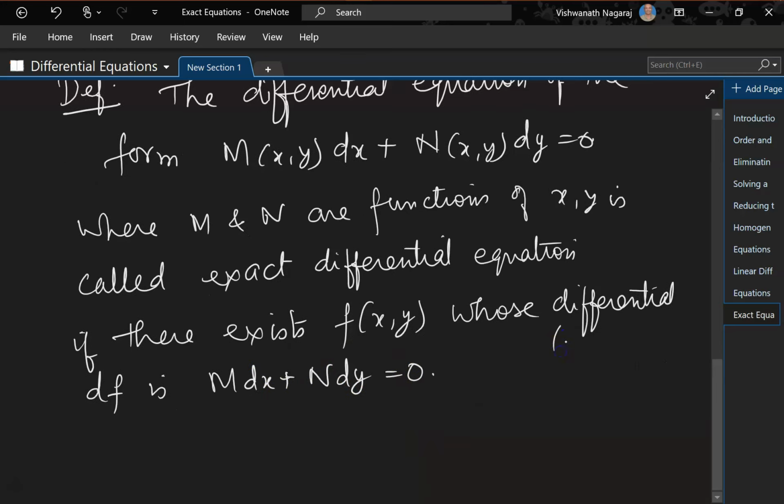To be more precise, it is called an exact differential, or also perfect, whose exact differential df is this.